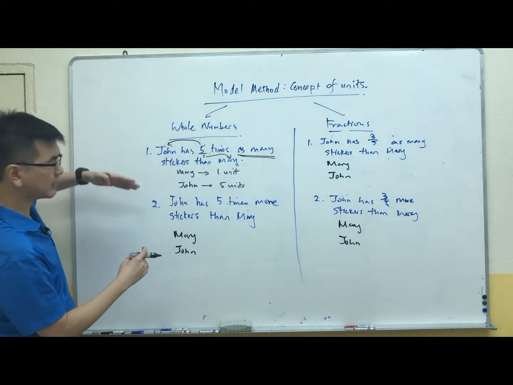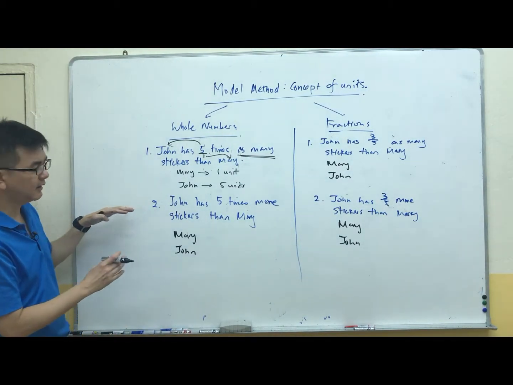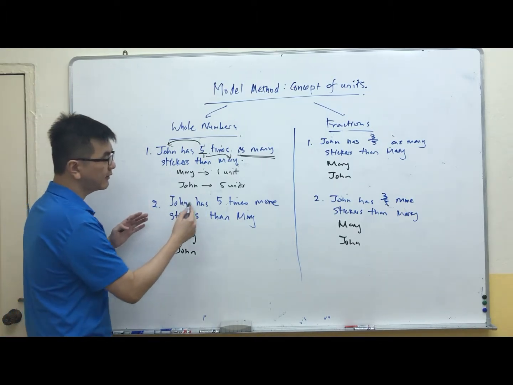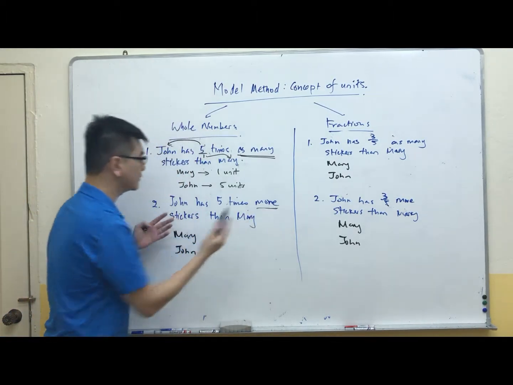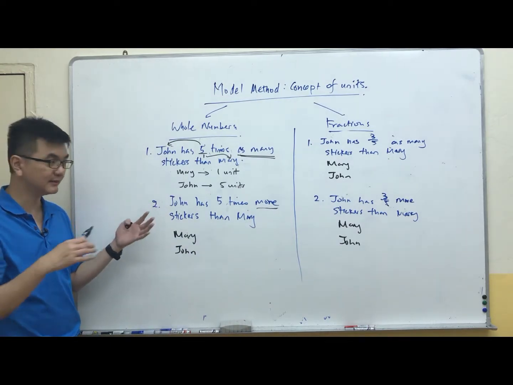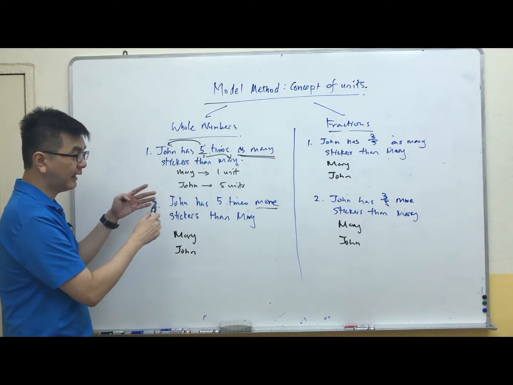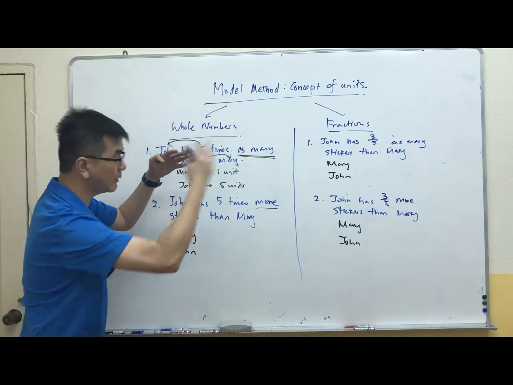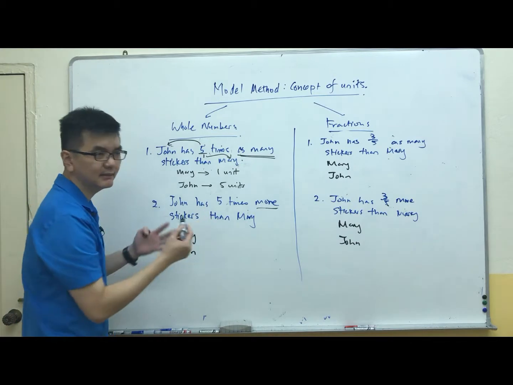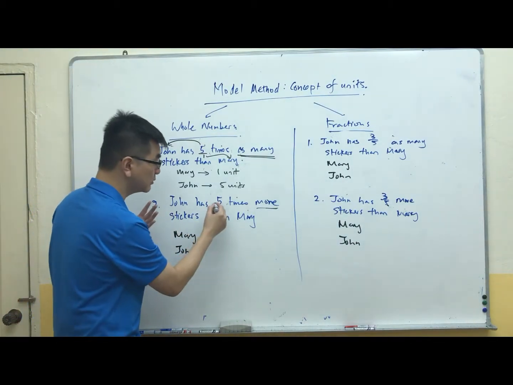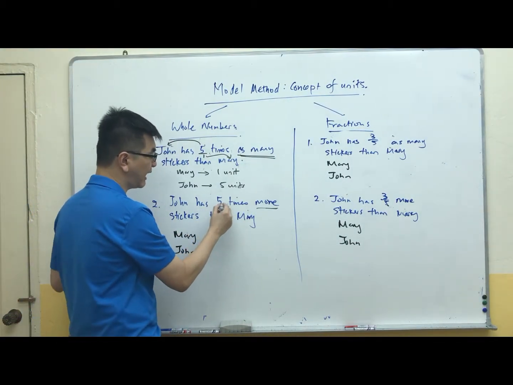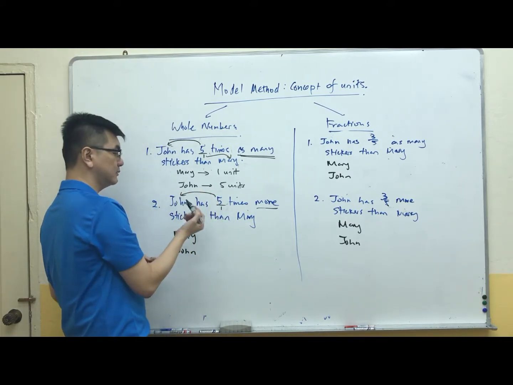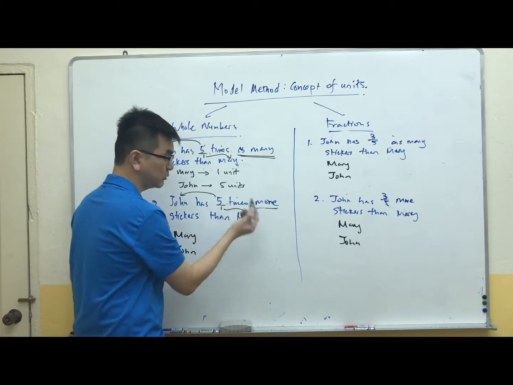Let's take a look at the next example, where the phrasing of the sentence is slightly different. John has 5 times more stickers than Mary. In this case, John has a certain number of stickers more than what Mary has. We're going to do the same thing and convert it to a fraction as well, so the whole number 5 will be 5 over 1. We assign 5 units to John and 1 unit to Mary.